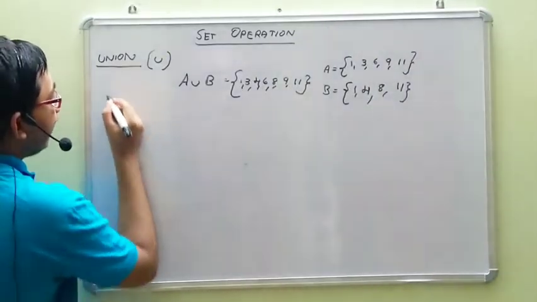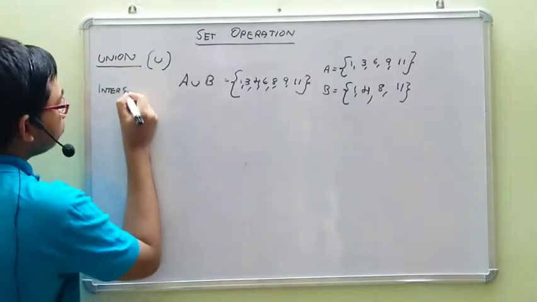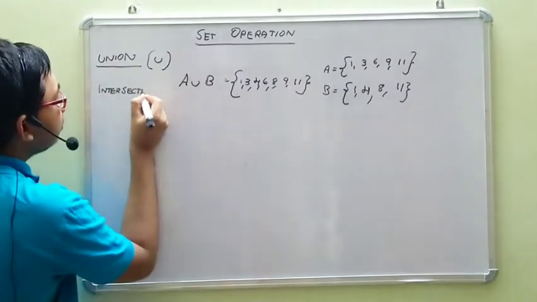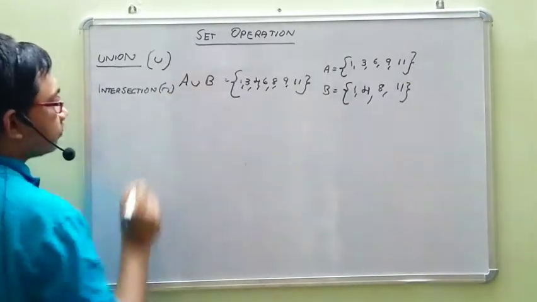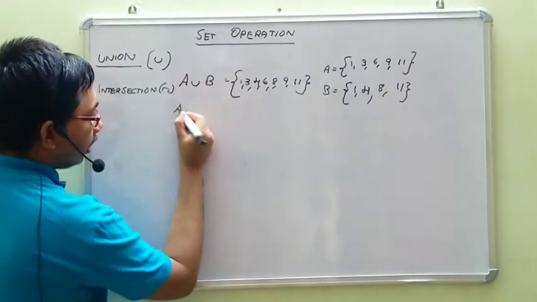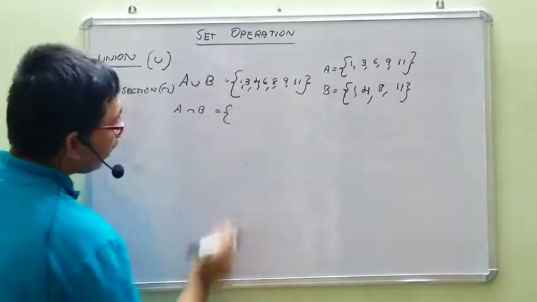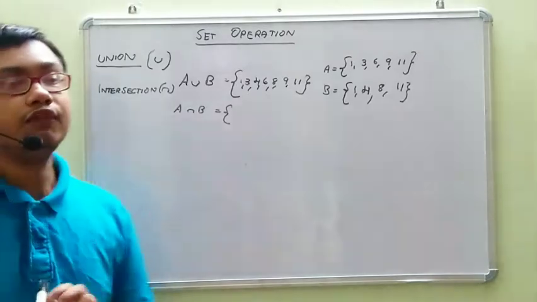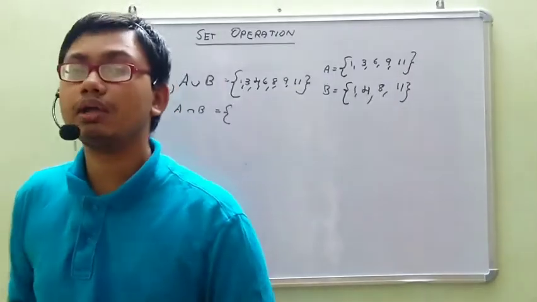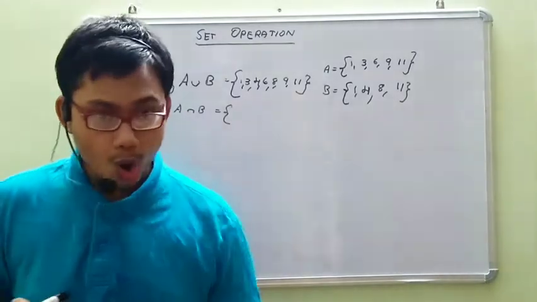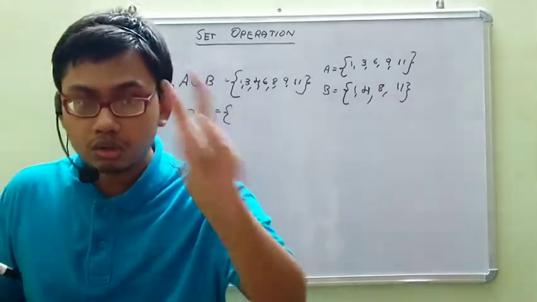Now, the next operation we will do is intersection. And this is the reverse of union, and its symbol is like this. Okay, and we write A intersection B. And what is the peculiarity of intersection? It will not contain those elements that are in only one set, it will contain only those elements which are present in both these sets.